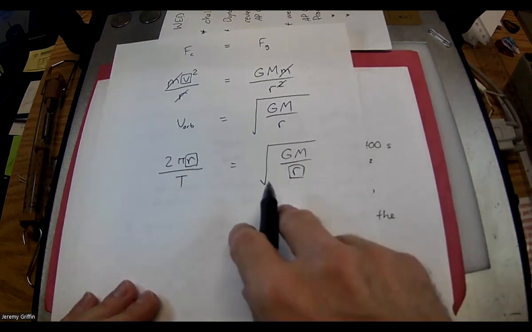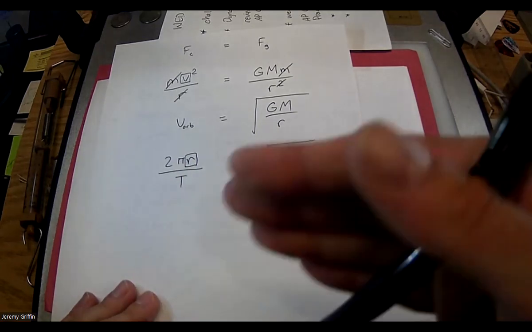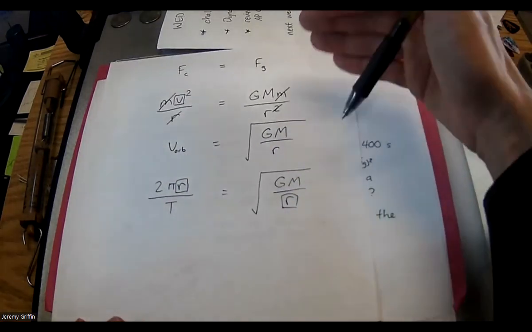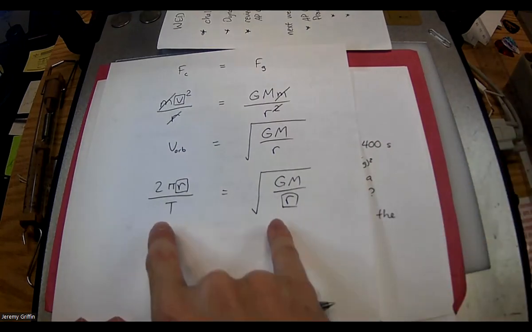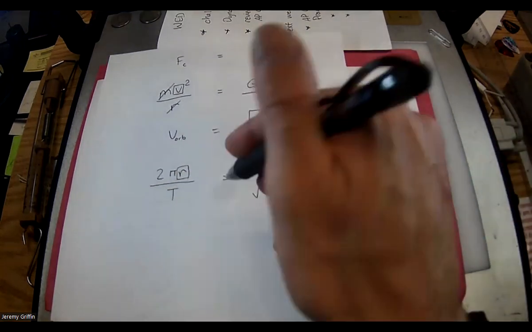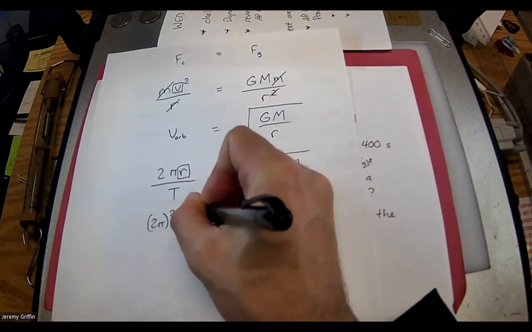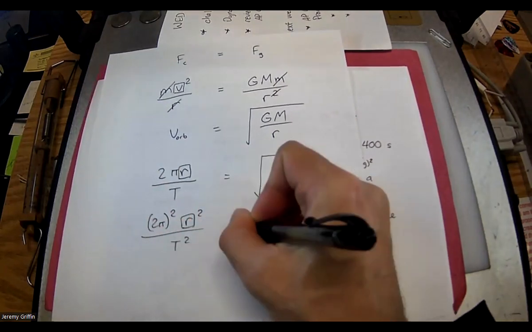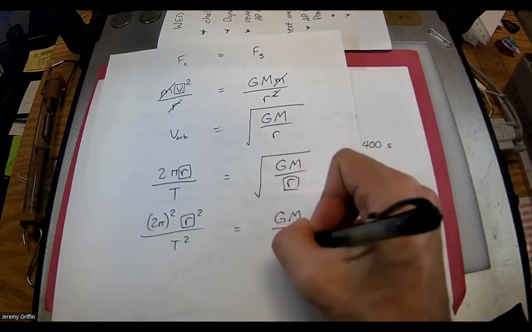So, I've got to get these r's together so I can solve it. Now it's just an algebra quest. We've knocked out the main physics. The rest of this is just algebra, for the most part. So maybe square both sides to get rid of the square root. So it's 2 pi quantity squared r squared over time period squared equals GM on r.